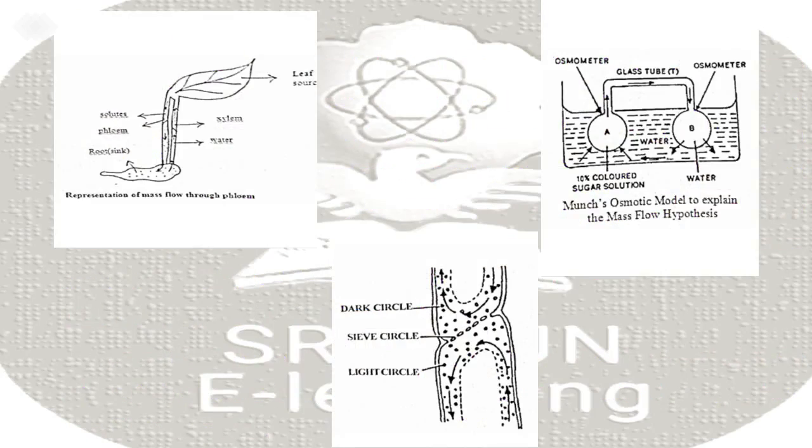Now, diagram first. This diagram shows mass flow through phloem. It indicates the flow of solutes from root to leaf and leaf to root through xylem and phloem. Next, diagram second. Munch osmotic model to explain the mass flow hypothesis. And last, diagram third.